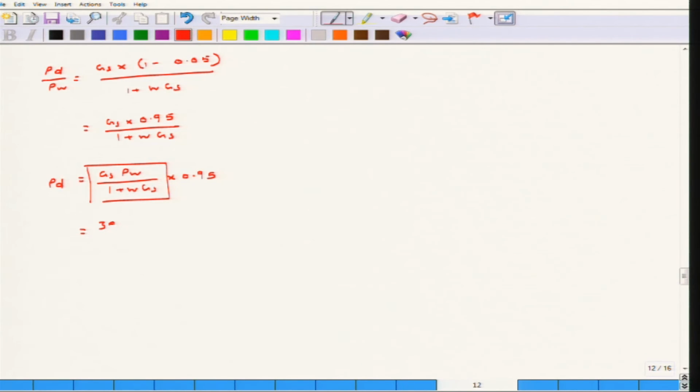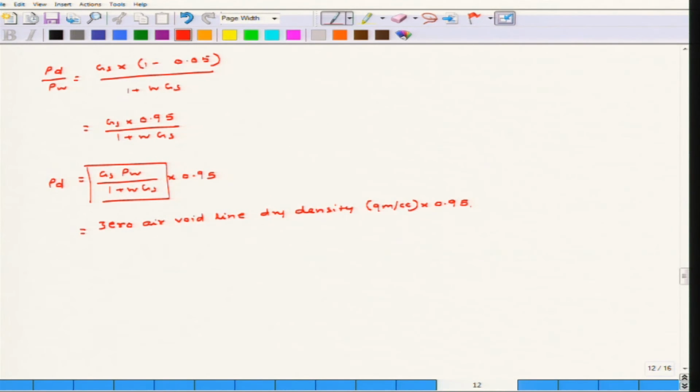So you can write it simply as the zero air void line dry density in gram per cc multiplied by 0.95.